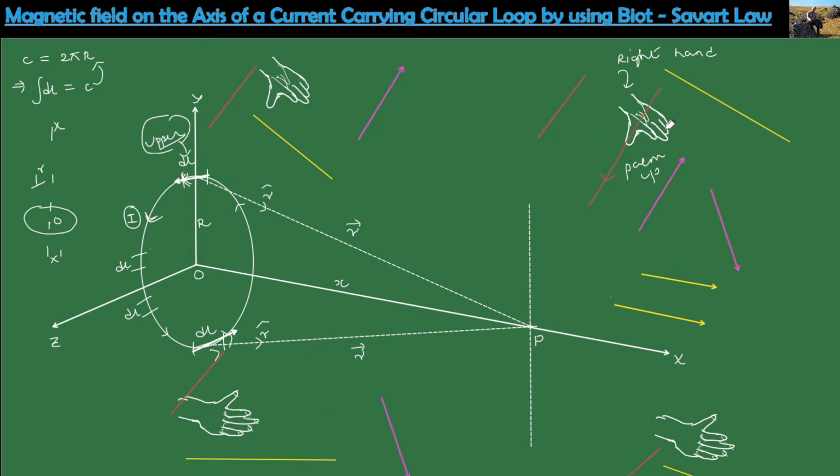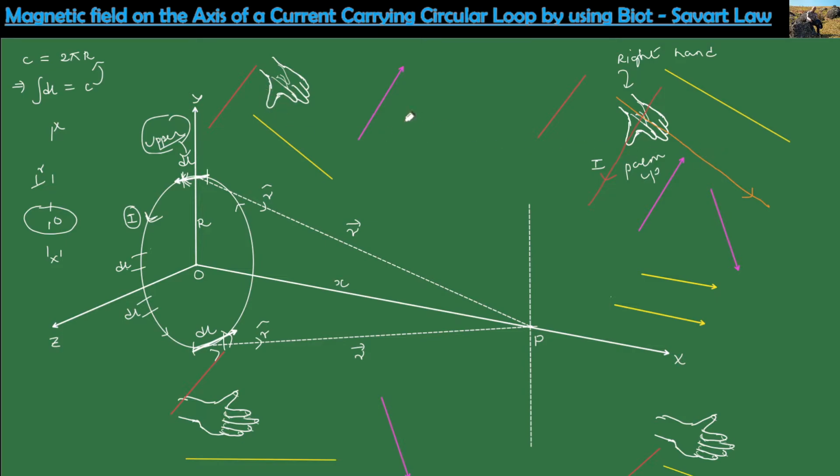And the outstretched fingers will be in the direction of your radius vector. So I outstretch the fingers in the direction of my radius vector, and the direction in which the palm faces is the direction of our current I.